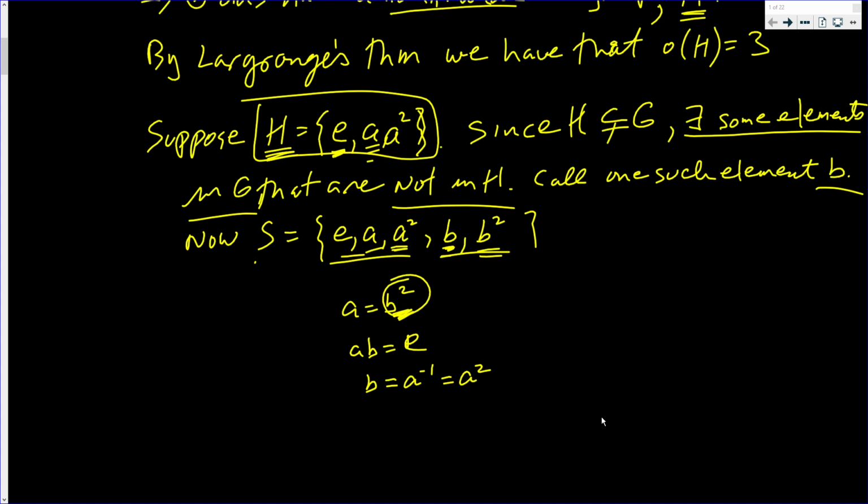The only way that I could be wrong is if B is equal to A squared. And no, it isn't. B is different. Okay, those 5 elements are different.